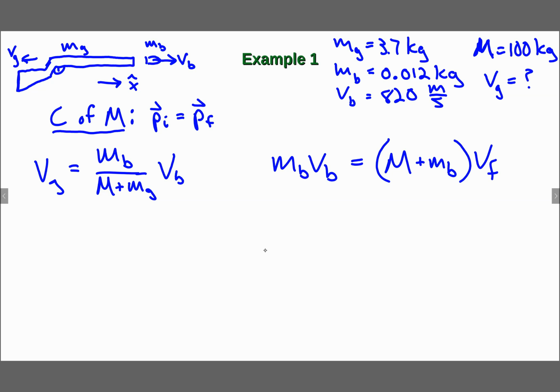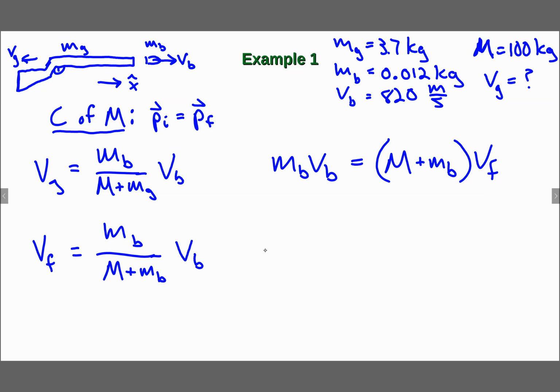So what's this V final? V final is equal to the mass of the bullet divided by the mass of the bad guy plus the mass of the bullet, times the velocity of the bullet.